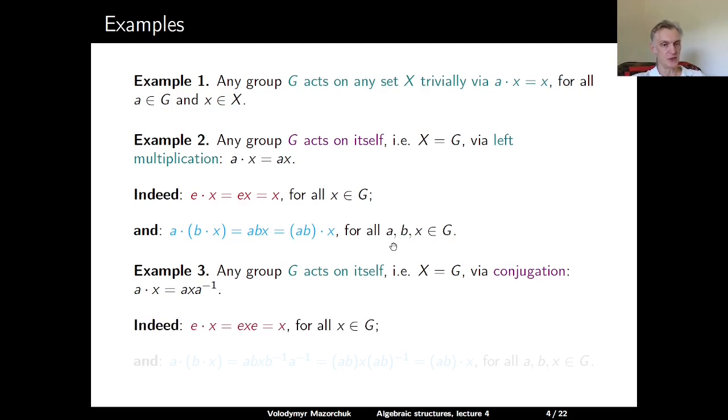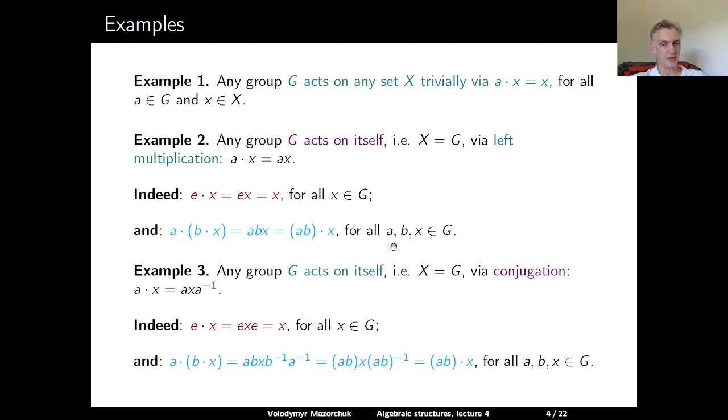Indeed, let us check the axioms. e applied to x is equal to exe inverse, which is x, because e is the identity element. a applied to b applied to x is equal to a times b times x times b inverse times a inverse, and we can write it as ab times x times ab inverse.